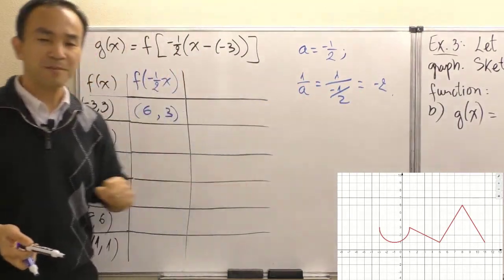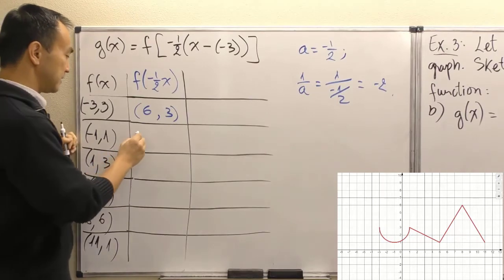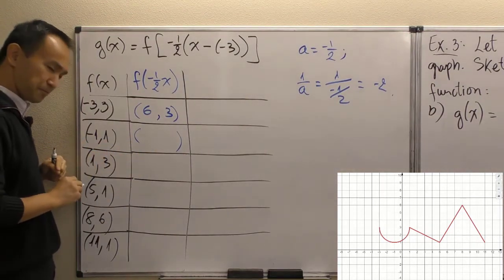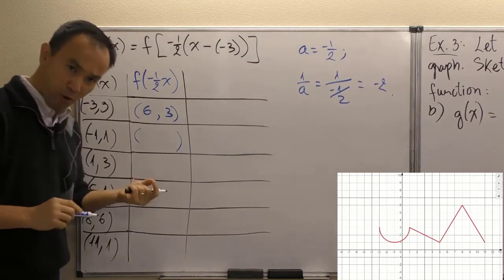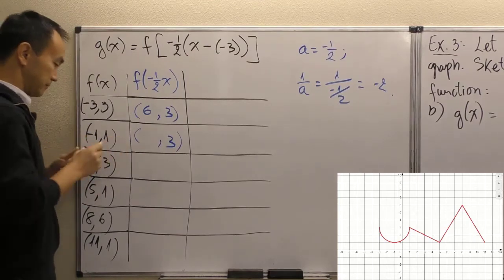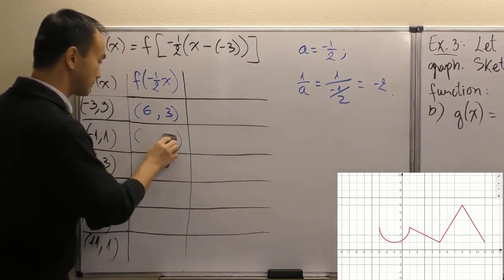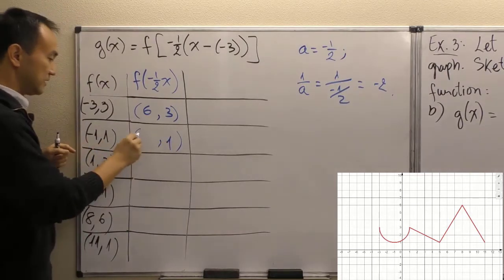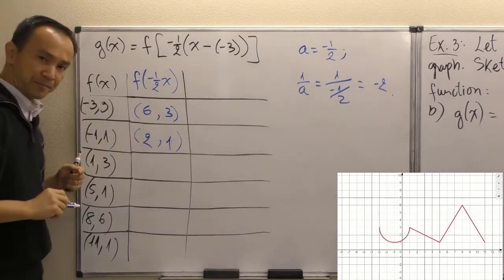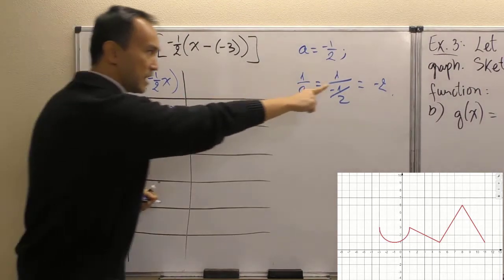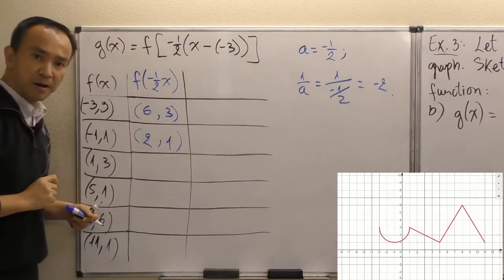Then -1, comma 1, the parent's guiding point, transforms into 2, comma 1, because the y value stays the same, and -1 times -2 gives me a positive 2.